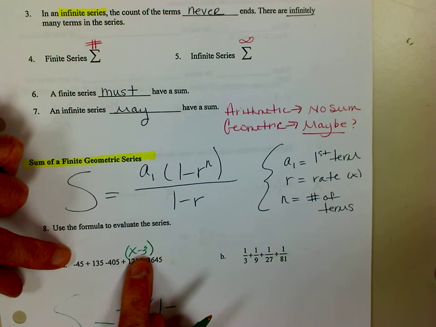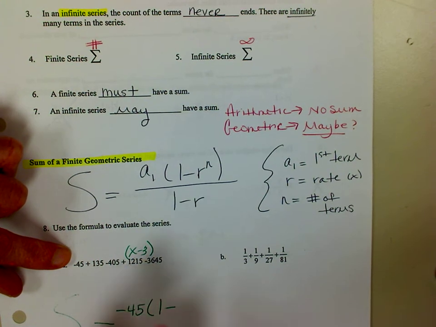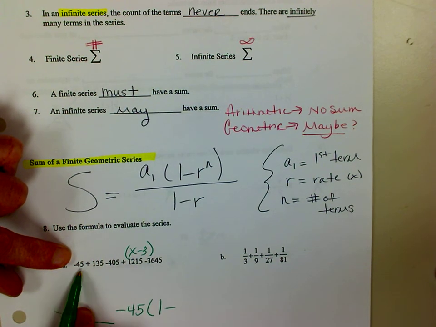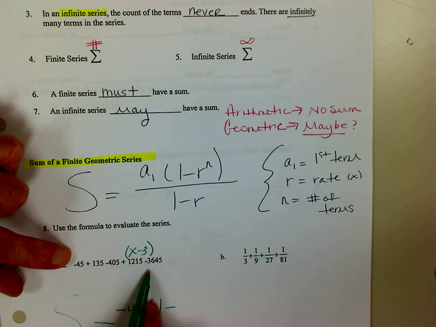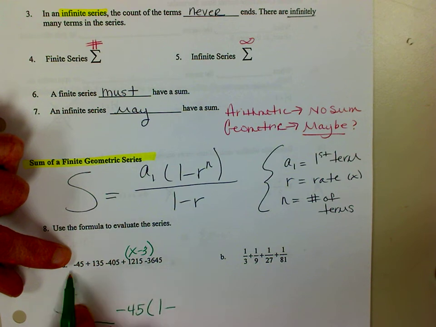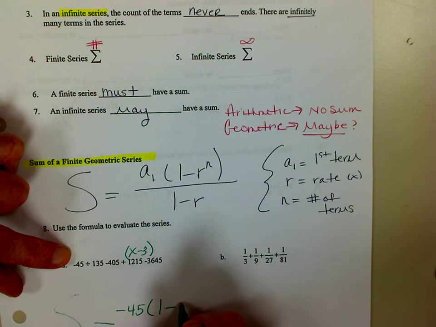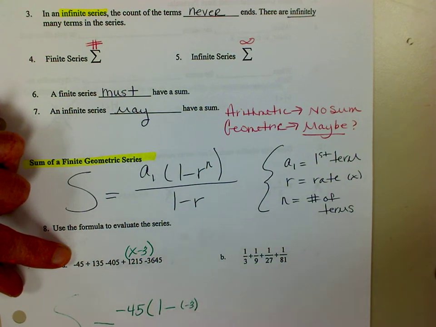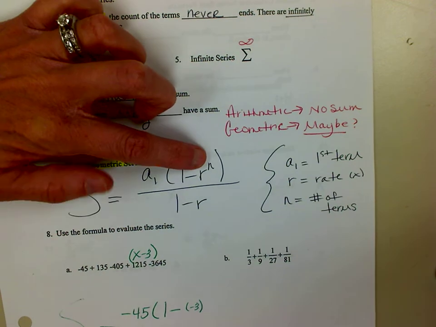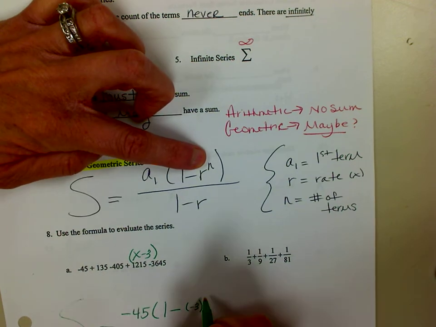If you're not sure what you're multiplying by, you can always divide these two numbers, because if you're multiplying going this way, you're dividing going this way. So 135 divided by negative 45 is negative 3. Whenever you get a negative number, make sure you put it in parentheses. And then N, the number of terms, is 5.